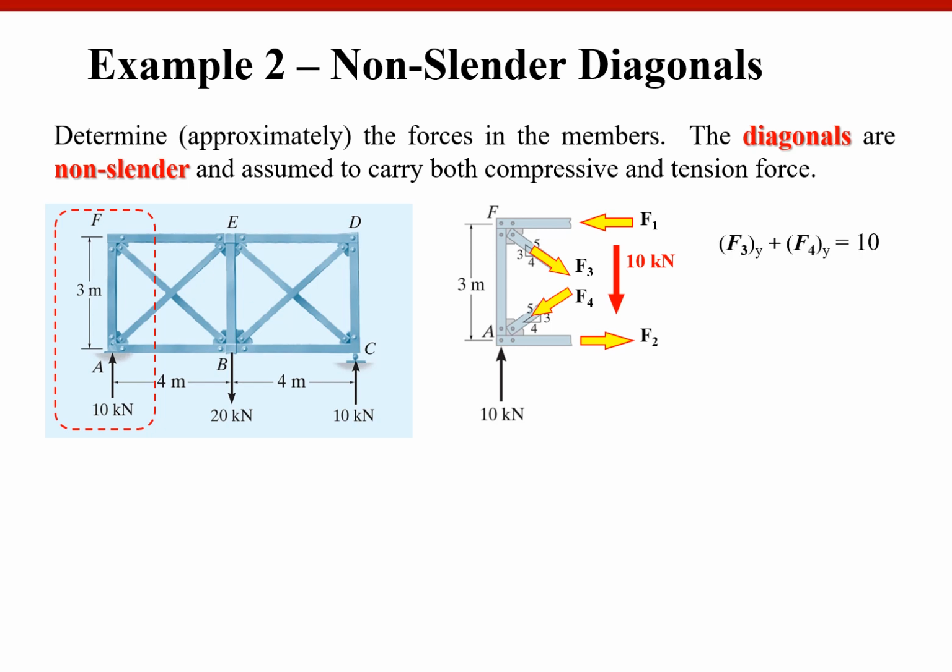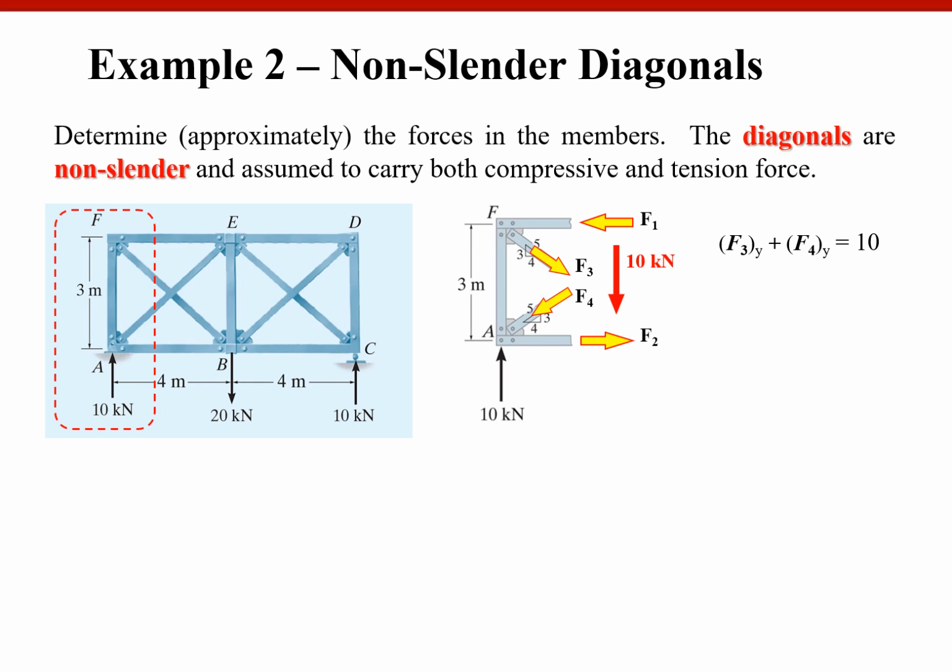Again, the y component of F3 plus the y component of F4 will be 10. That is the additional equation. So you need to focus on how you get the additional equation in this chapter.